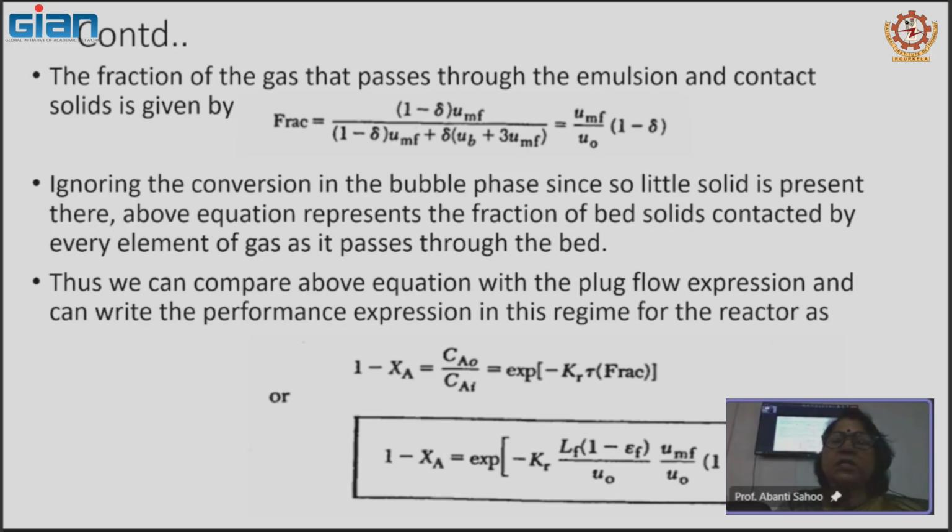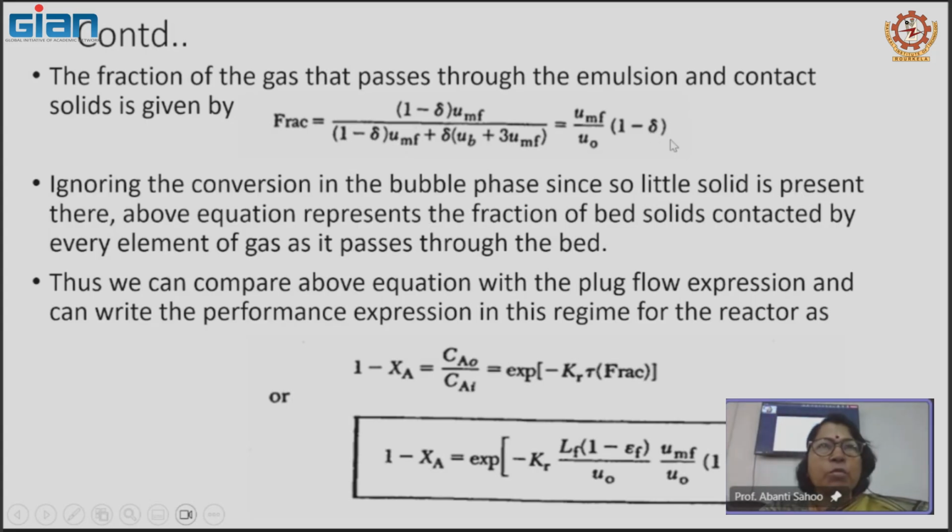So the fraction of the gas passing through the emulsion phase, and delta passing through the bubble phase, we can calculate as 1 minus delta UMF by 1 minus delta UMF plus delta UB plus 3 UMF, where UB is the bubble velocity and UMF is the minimum fluidization velocity. Solving this gives UMF by U0 times 1 minus delta.